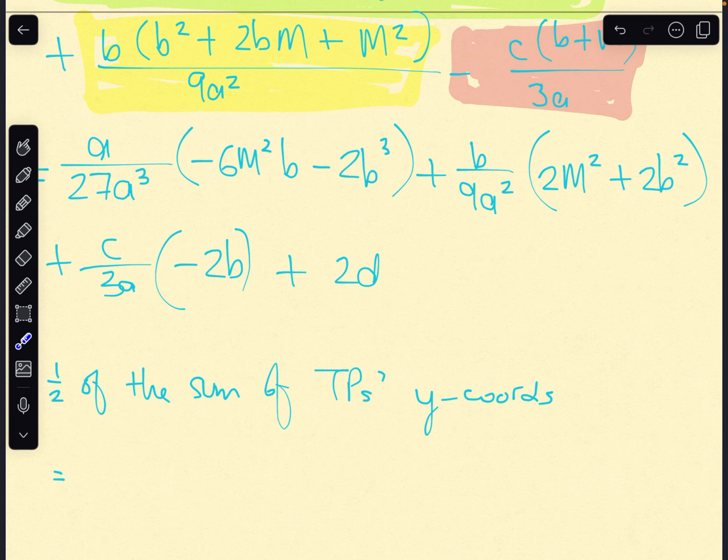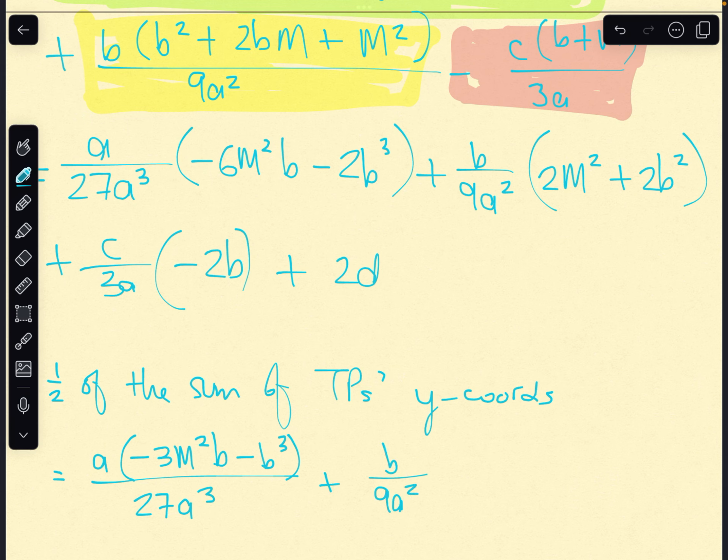So I'm just multiplying each term by half, so I'm going to end up with, first up, a times minus 3m squared b minus b cubed over 27a cubed plus b over 9a squared, and here we have this factor, so we end up with that.